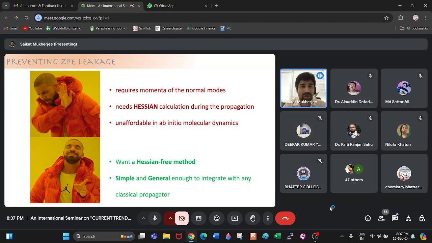And again, you know how costly a Hessian calculation is for an ab initio quantum chemistry method. I cannot afford it in my ab initio molecular dynamics. It will be very costly. So I want a Hessian-free method, simple and general, that I can integrate with any classical propagator.